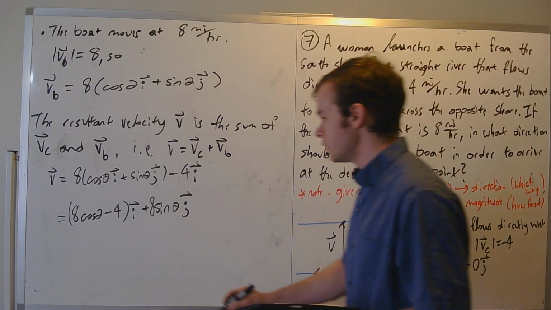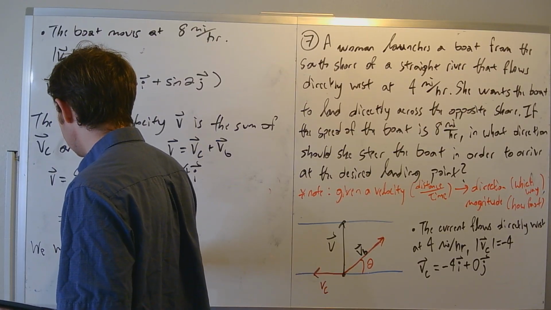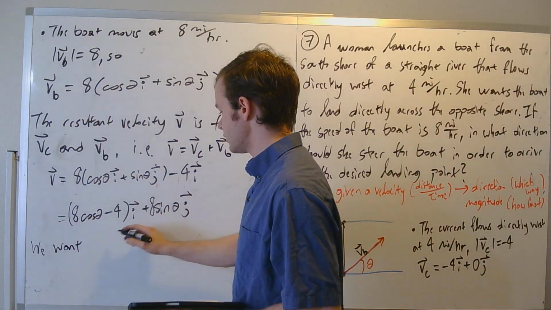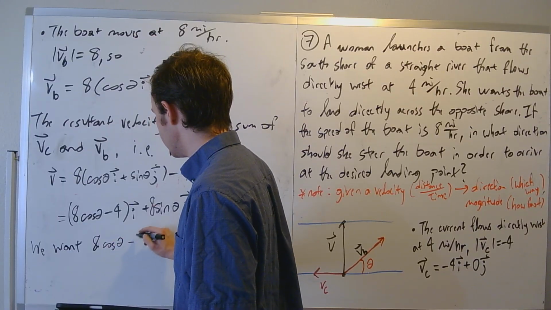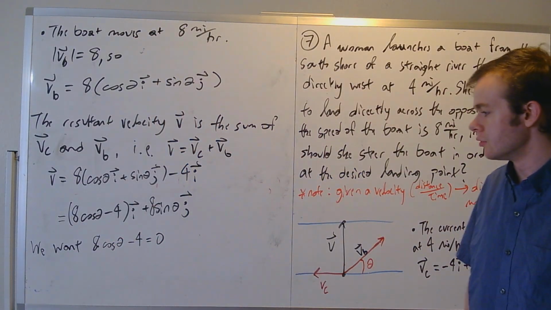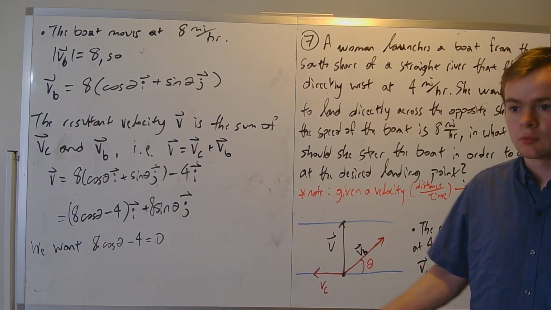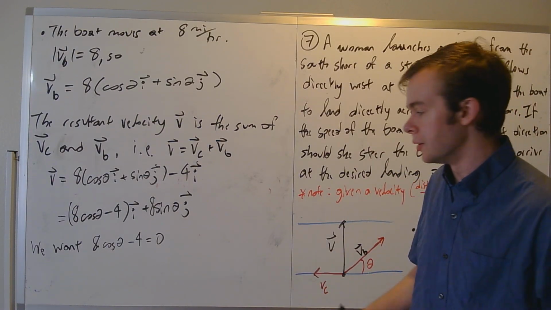So the horizontal part, we want 8 cosine theta minus 4 to be equal to 0, so that our horizontal component is 0. Now we just have to solve for theta, and then we're done.